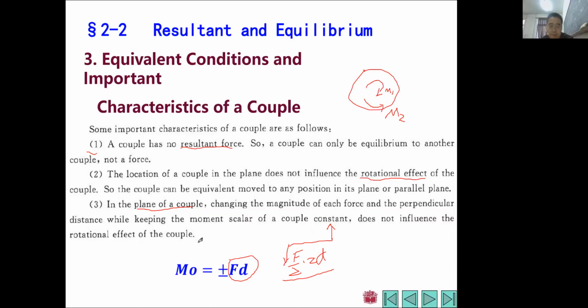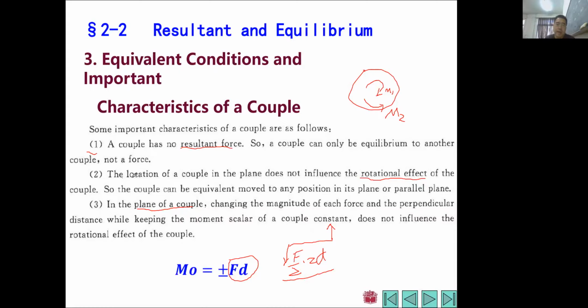So only the multiplication result is important. This one and that one, maybe we have a third of F and 3 times D, or if they have the same result of F times D, they will have the same effect on the body or body system, right?